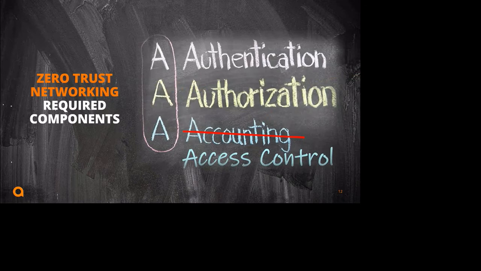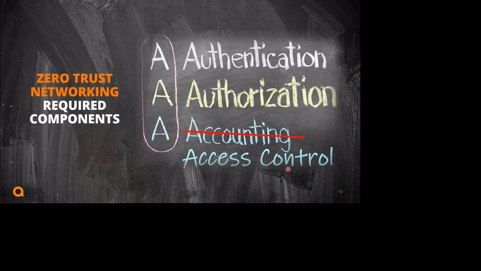If you're familiar with security, you're probably also familiar with the acronym AAA. It continues to serve as the foundation for security, even in this era of the intelligent edge. But there is one exception. We would like to rename the last A from accounting to access control. Why?